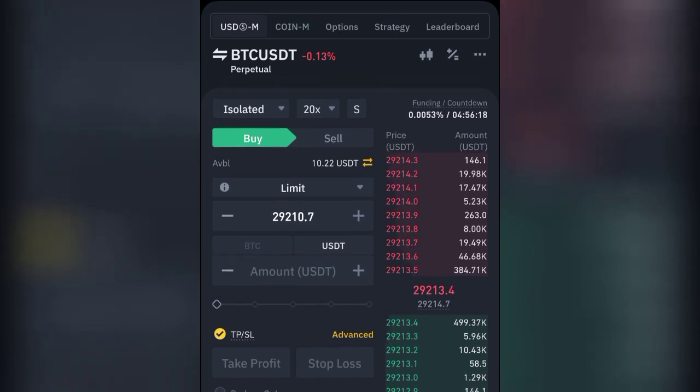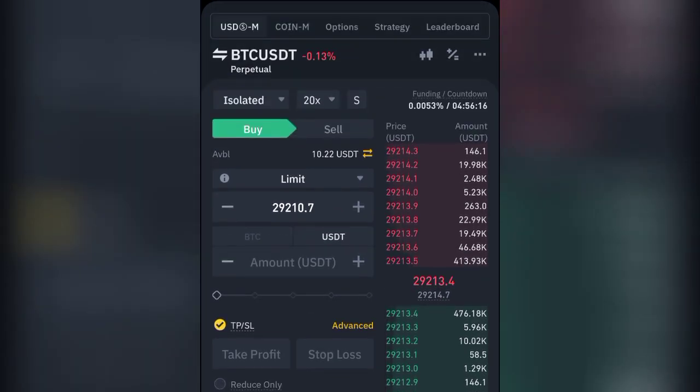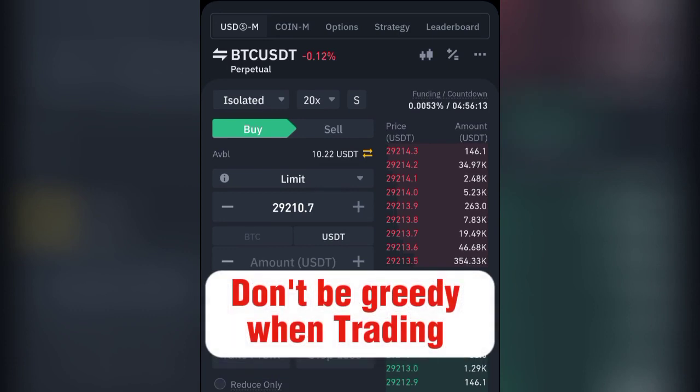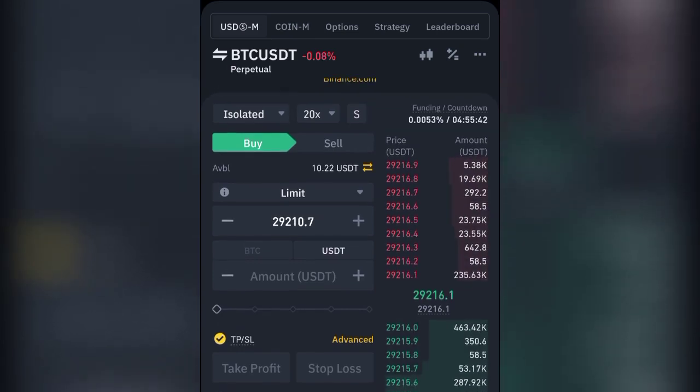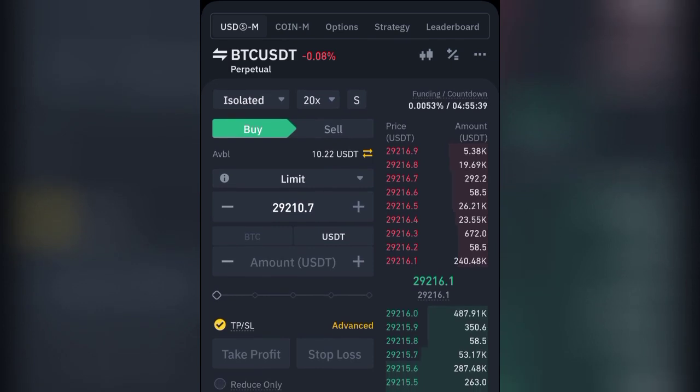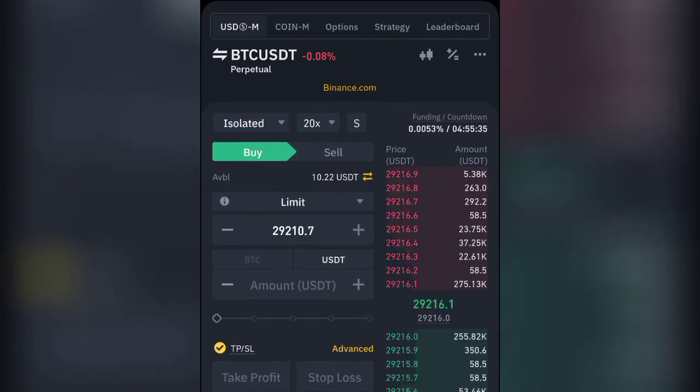And the last recommendation and advice I will give is that you should not be greedy. You have done your research, you have done your analysis, you entered the trade, and within some time the trade starts making you money, and you make, let's say, 10%. You say okay, let me leave it to 20%, you make 20%, you say okay, let me leave it to 30, you get to 30, you say okay, let me leave it to get to 40% before I take my profit.